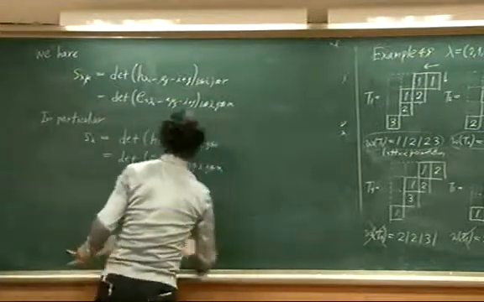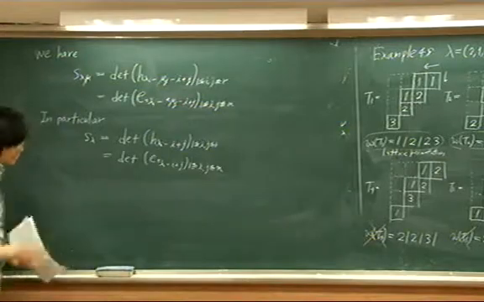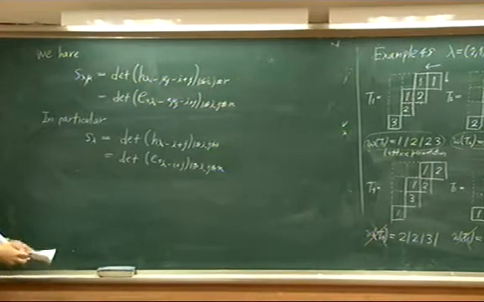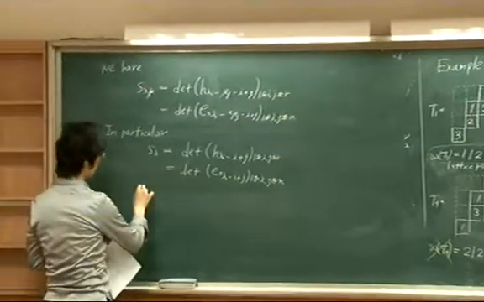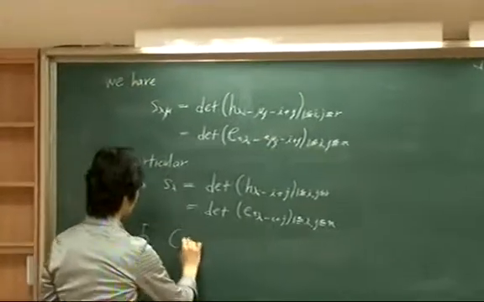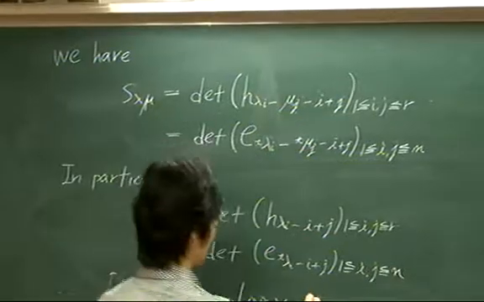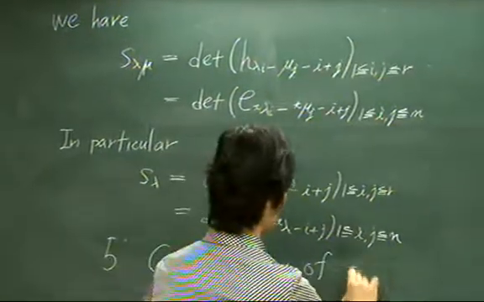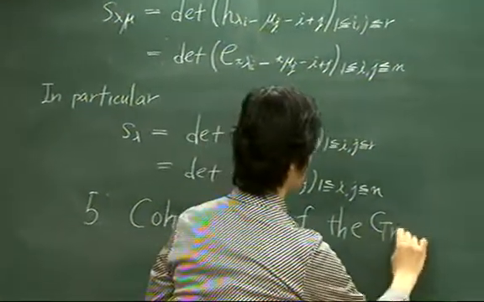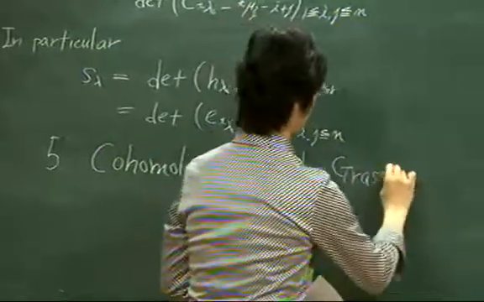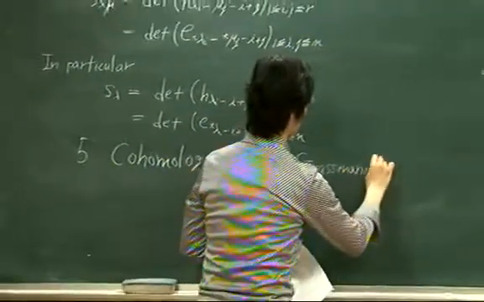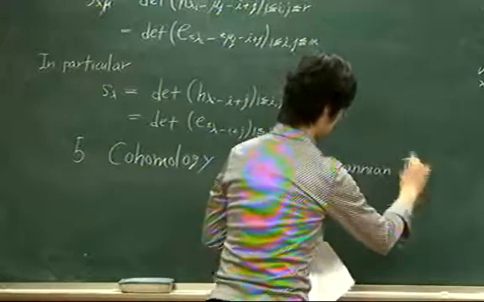Okay, so finally we will give a complete discussion of the cohomology of the Grassmannian. Section 5, cohomology of the Grassmannian, part 2.